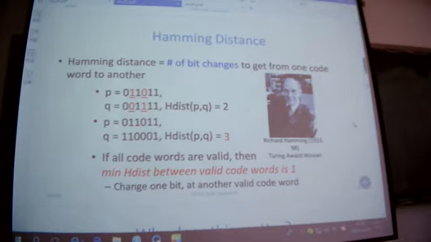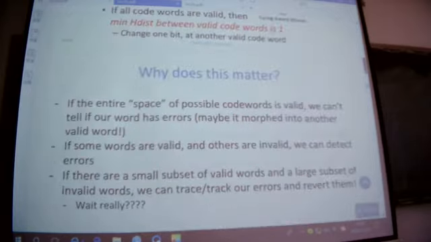So we use Hamming distance to detect one bit error and fix one bit error, or one bit correction. So this is the use of Hamming distance. If you have interest in details, you can search for examples of Hamming distance in a search engine. There are examples or demos.